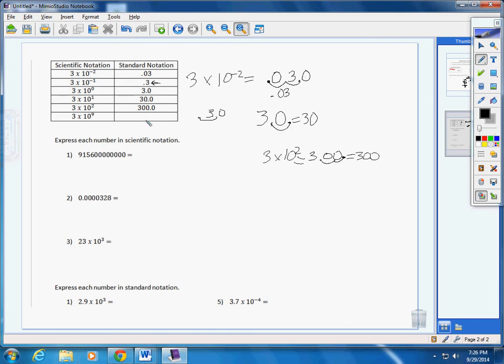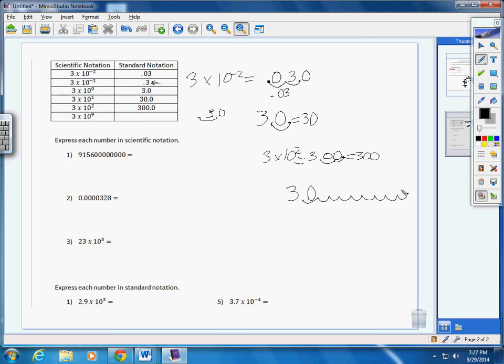So on your own, maybe consider this one, 3 times 10 to the 9th. What's that really asking you to do? If it asks you to write it in standard notation, well, you should probably move your decimal point, and I'll write it down here so you all can see. Since we have 3.0, and then I'm multiplying it by 9 tens, I'm going to move my decimal point 9 places to the right. 1, 2, 3, 4, 5, 6, 7, 8, 9.